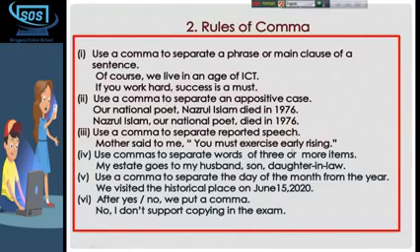In the same way, to express the same type of words, we will use comma. After yes, no, when we find yes or no at the very beginning of a sentence, we must use comma after yes or no.